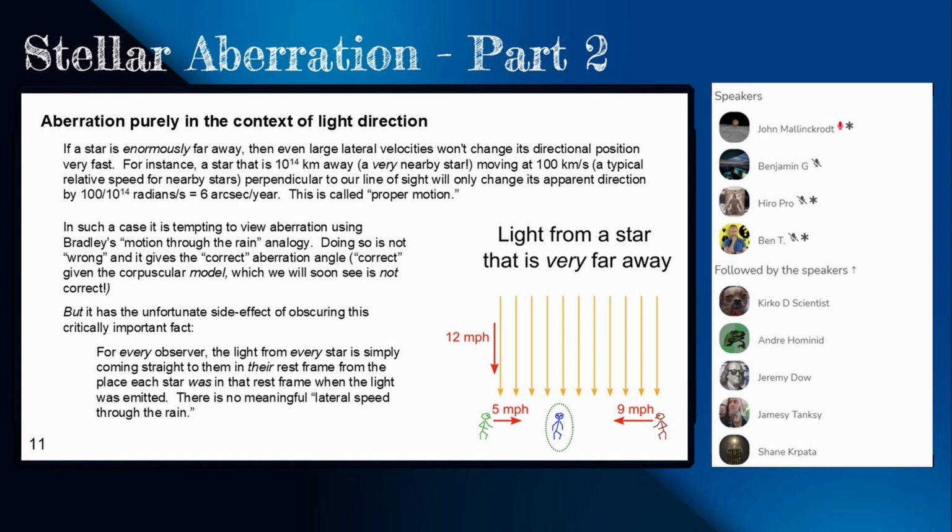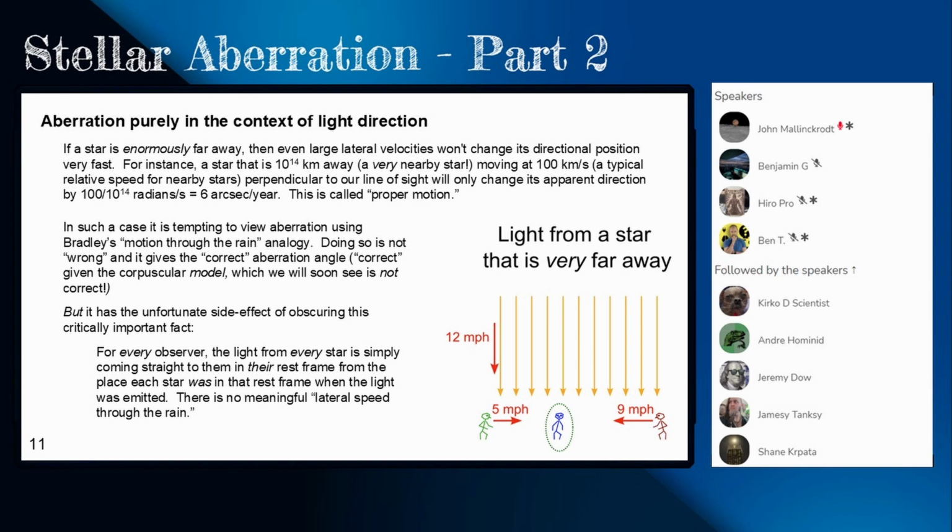All three of those observers are going to have this rain coming down at that 12 miles per hour that the blue guy sees. And then when the green guy moves at 5 miles per hour through that rain, he's going to have to look a little bit, not straight overhead, but a little bit to the right in order to see that star.